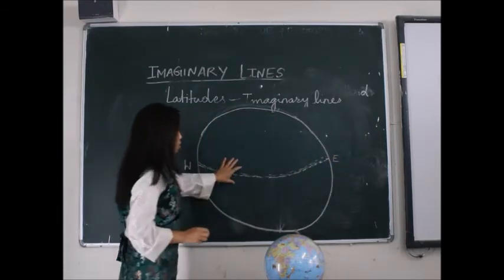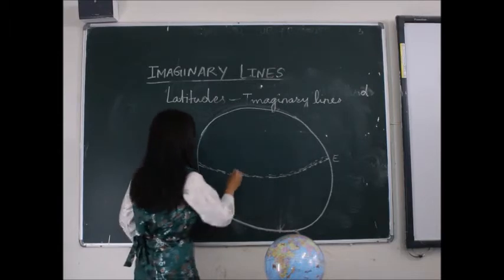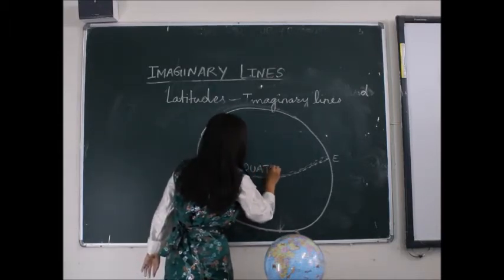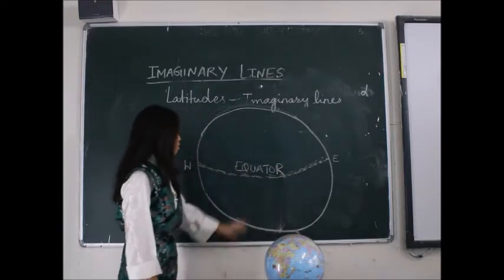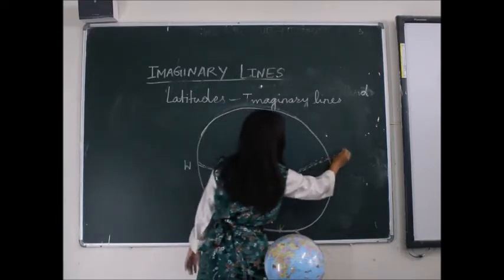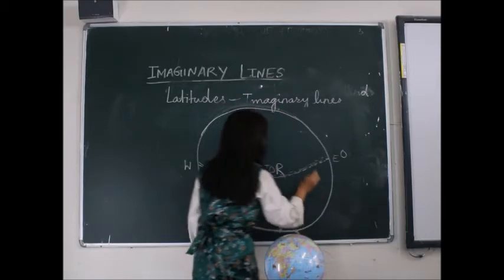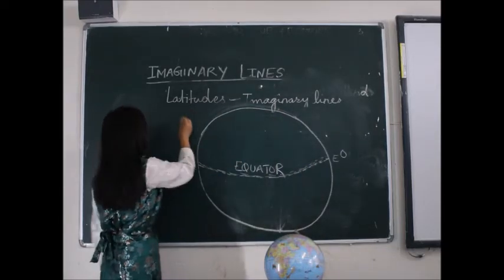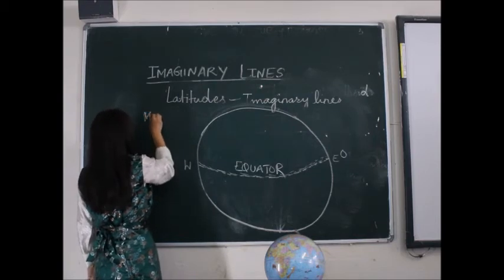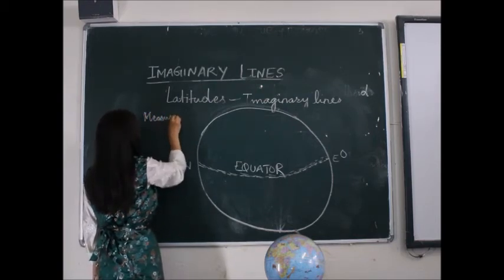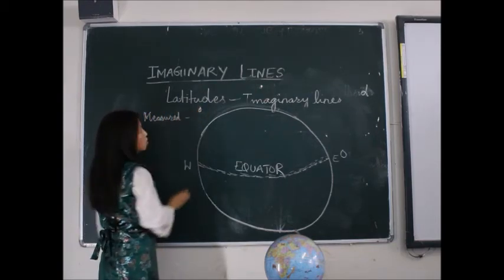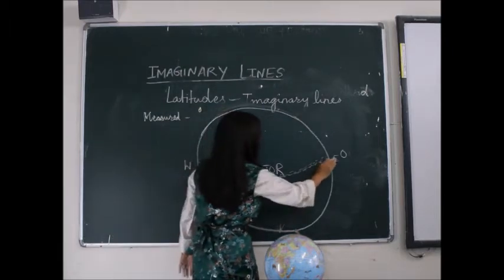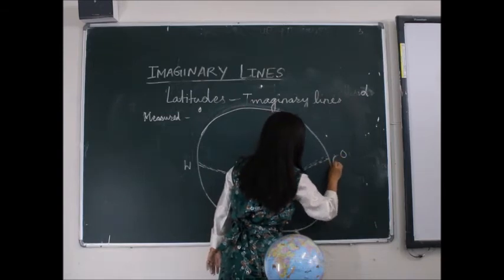So this is the equator, and its value is 0. Keep in mind that latitudes are always measured in degrees. The equator has the value of 0 degree.